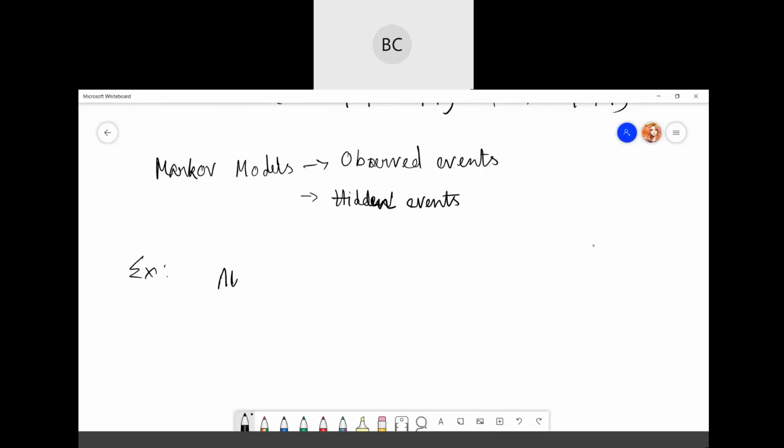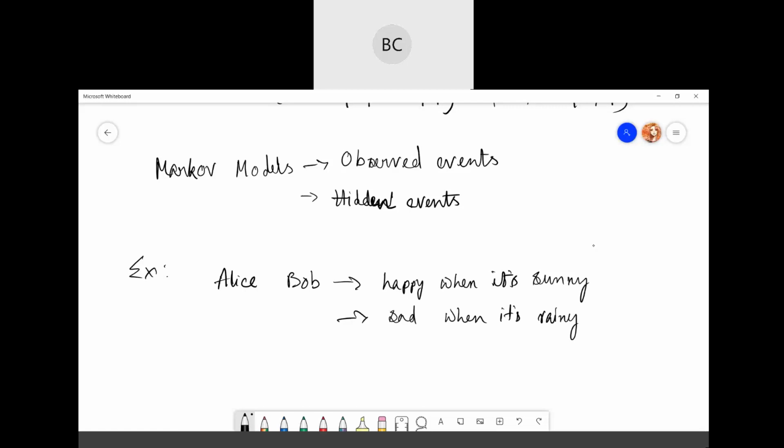So we have two names, Alice and Bob. Then some knowledge about Bob is that Bob is happy when it is sunny, and Bob is sad or grumpy when it's rainy.